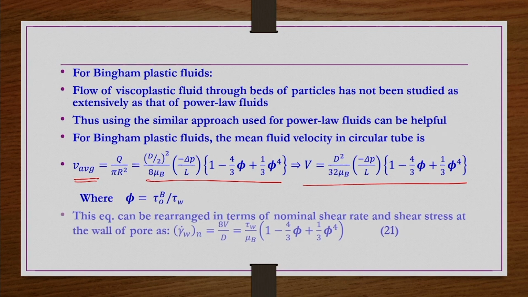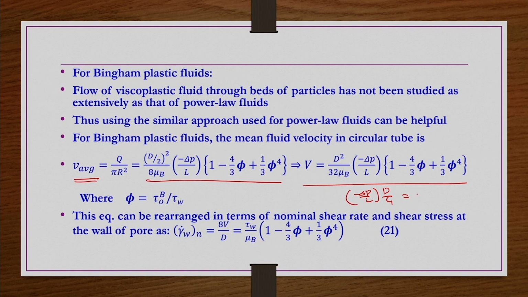Now you apply a similar analysis as you did for the power law case. You rewrite this equation with minus delta P by L times D by 4 on one side, and the remaining terms on the other side, and you get these things.